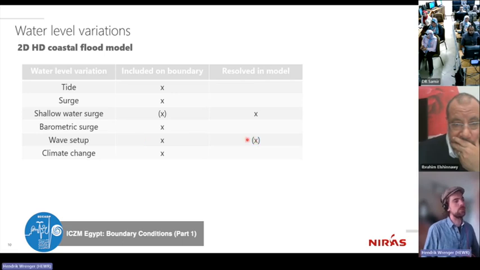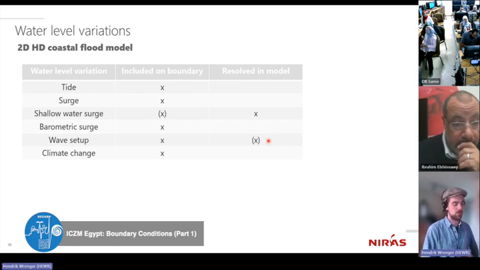It could also be resolved in the model by inputting radiation stresses from a wave simulation, and as I mentioned, that's something I have on my list to look at tomorrow.